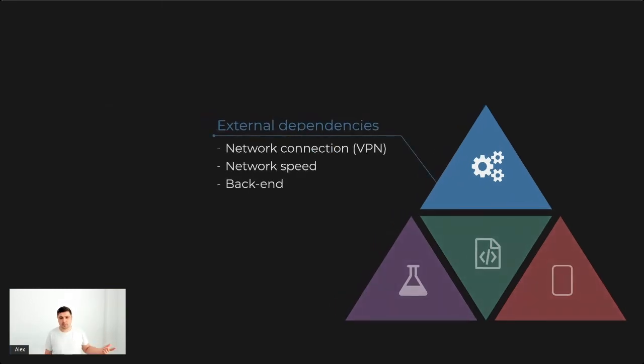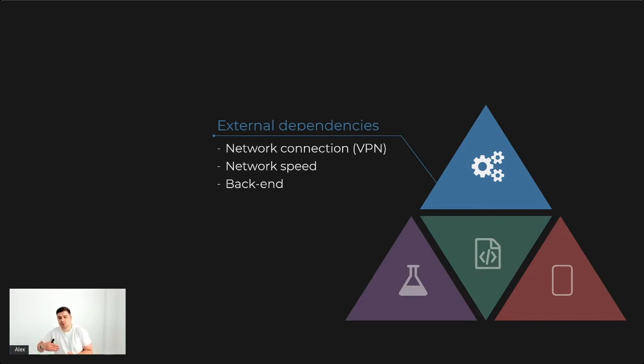So let's start with external dependency. First of all, it can be the backend. Secondly, we can have different speeds. If we expect to get a response within 1 second and we get it within 2 seconds, we will have an issue. Plus, we can have different security layers on top, like a VPN, some certificate, etc. Or your data center can have some issue with different resources, or your backend just didn't respond because it crashed.